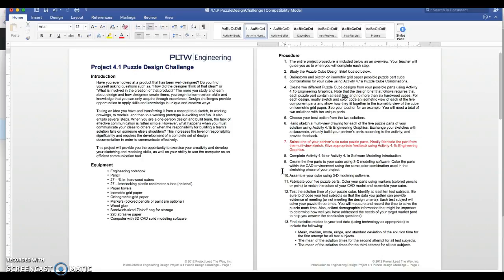For those students who struggle with accessibility, I could modify this to have the students either just do the drawings or just do the model, the actual prototypes. That ties in too for the students who have mobility impairments. Maybe they can do the drawing, but it's hard for them to glue the little cubes together. So you make your differentiation there based on what the students are able to do.